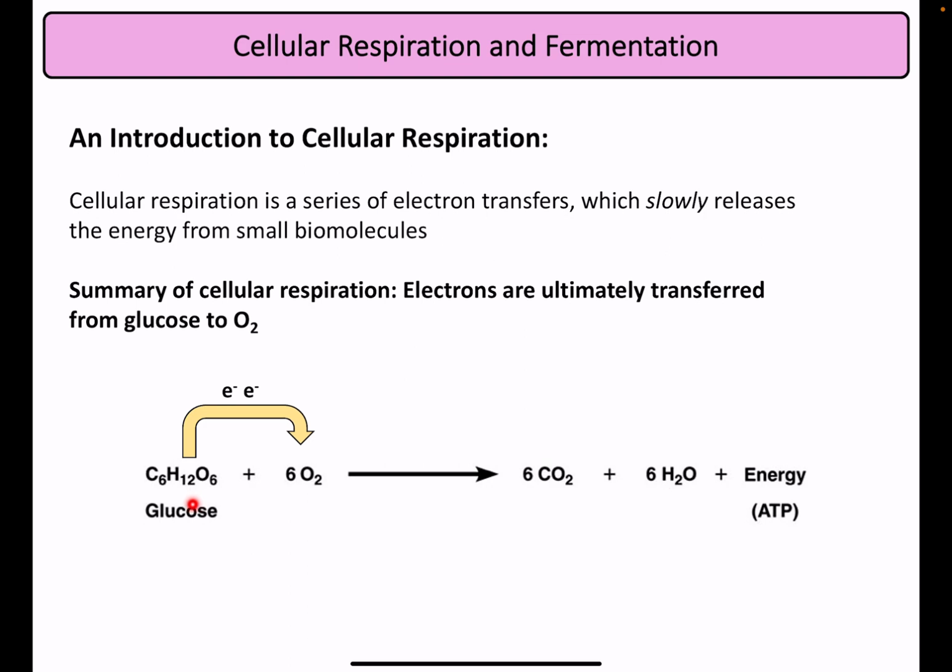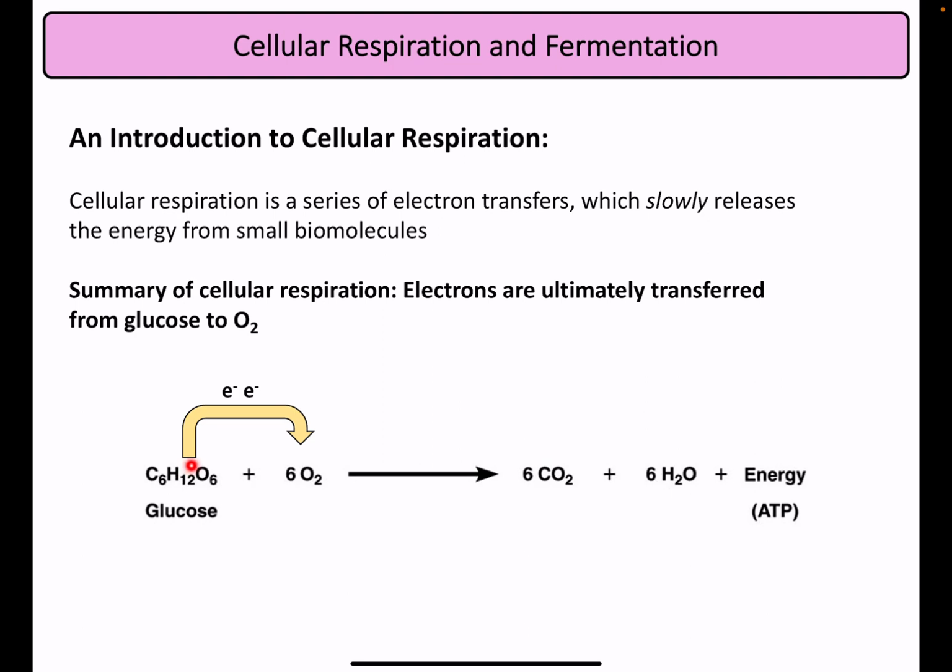Here's another look at the summary equation of cellular respiration. I want you to start to understand that cellular respiration is largely a series of consecutive electron transfers. We are going to strip away electrons off of glucose.